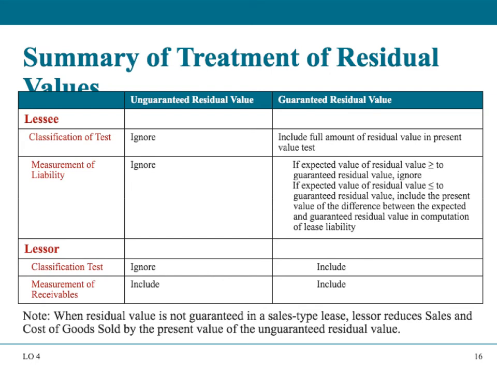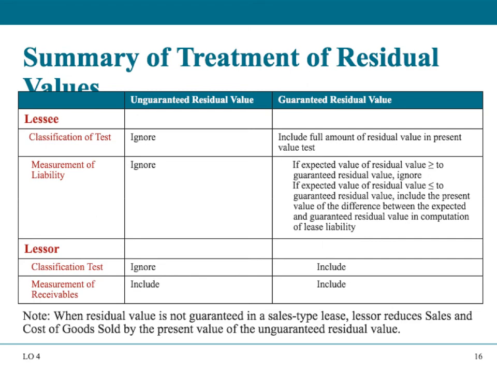If you look under the unguaranteed residual value column, we will ignore it for the classification test. However, we will take it into consideration to measure our receivable. Okay, it's very important to understand.